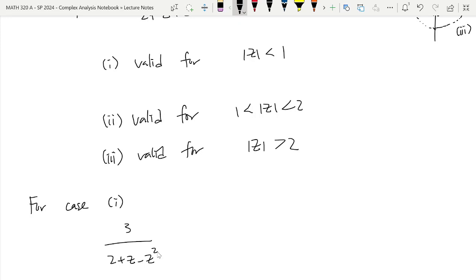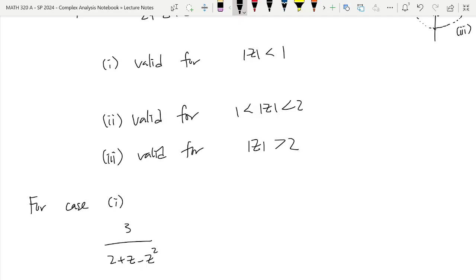So how do you do this? You want to use power series? How do you do that? You factorize the denominator and then multiply and you get the expansion.